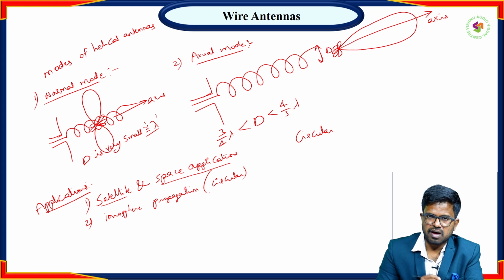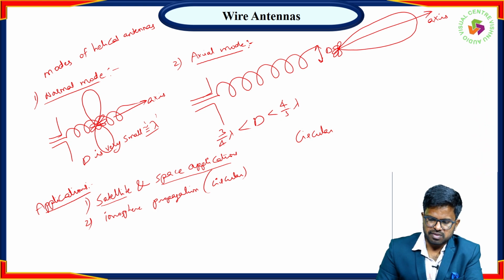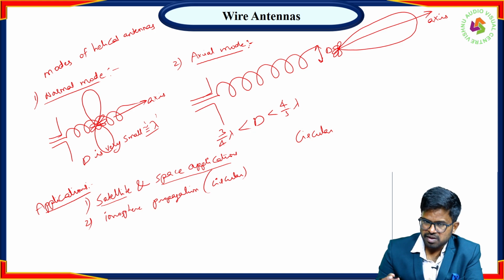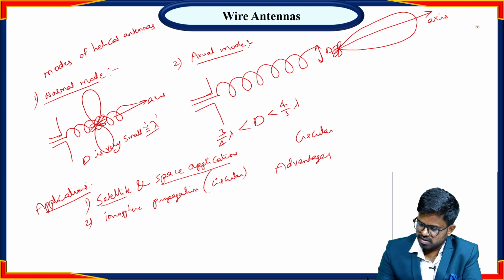And in ionosphere propagation also we use this one, because the ionosphere will cause Faraday's rotation to the waves. That's why if you use circular polarization, even after the rotation there is no loss in the signal.